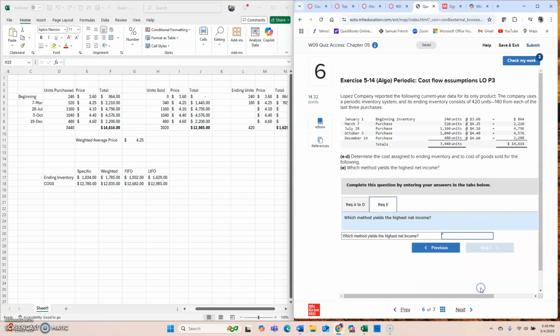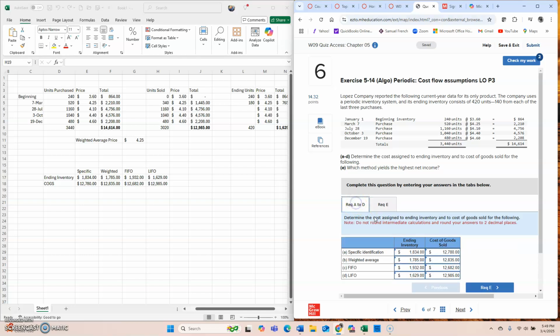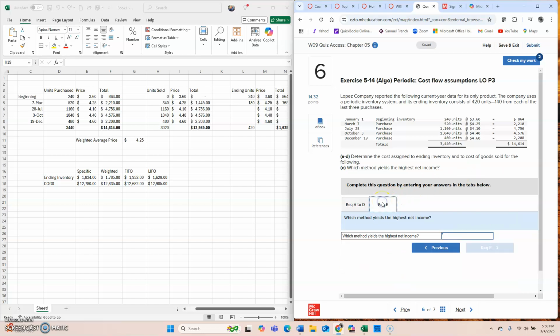The next part of this is it wants to know which method yields the highest income. Honestly, without knowing the sales, we don't know, it doesn't give us how much the sales were. So I am just guessing that it is the one with the highest amount of ending inventory, which would be our first in, first out.